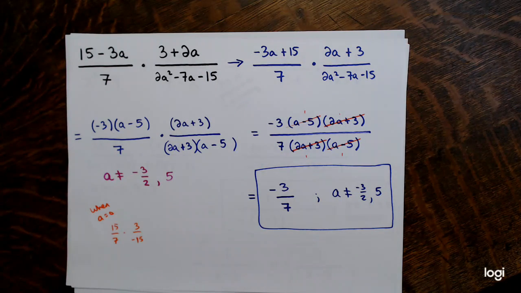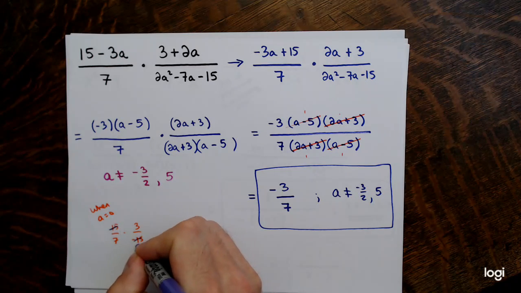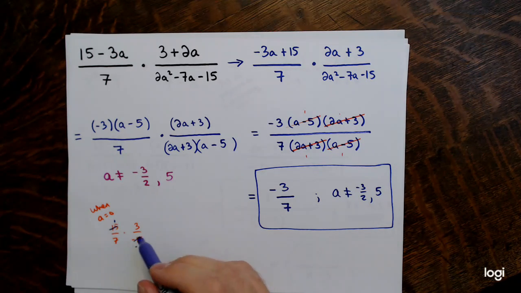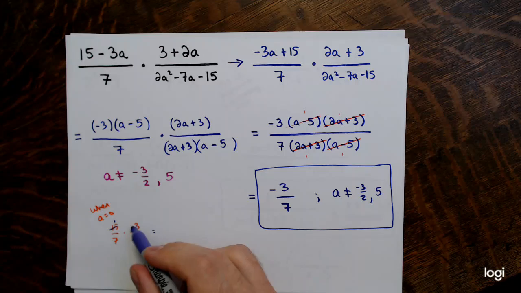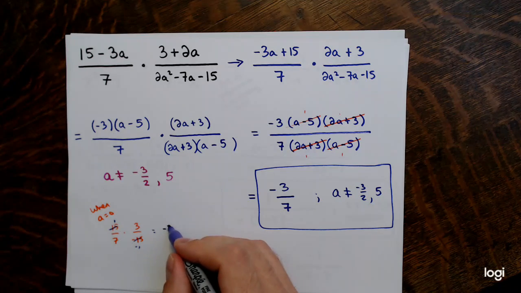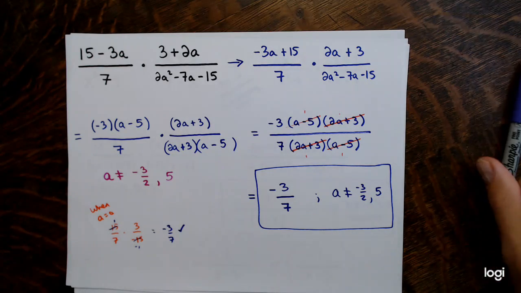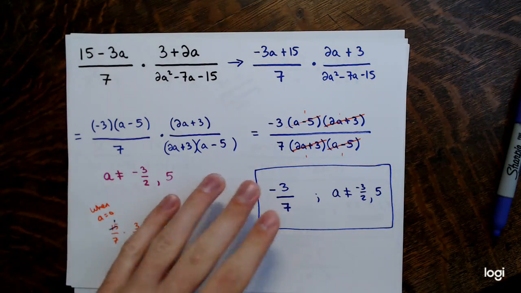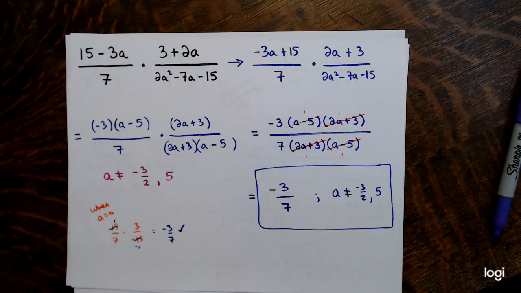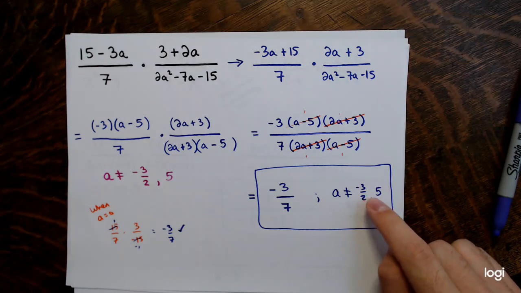And do you see how 15 over negative 15 would just be negative 1? So I do end up with 3 over negative 7 or negative 3/7, like we said over there. Check. And that's when a is 0. And it should do that for any value you plug in for a, not just 0, as long as you're not using negative 3 halves and 5.